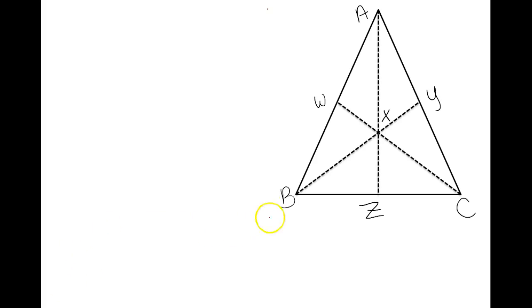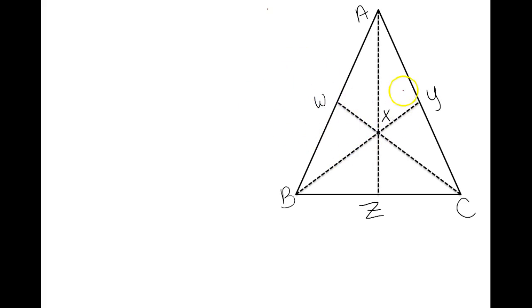You will be given certain segments and those measurements, and they'll ask you to find the missing segment, and you're going to use the centroid theorem. All right, so this is how it works.